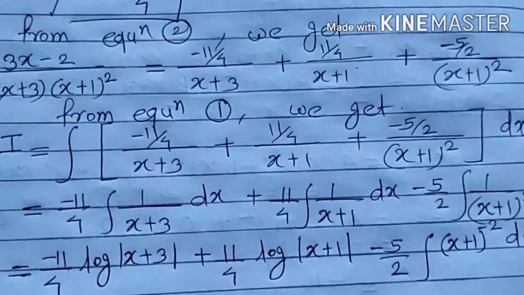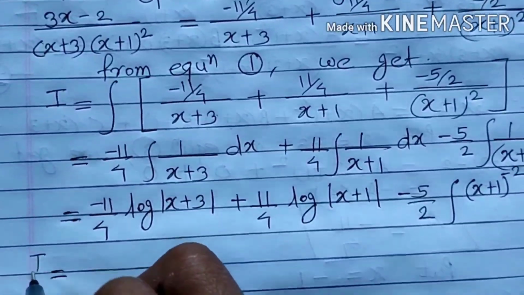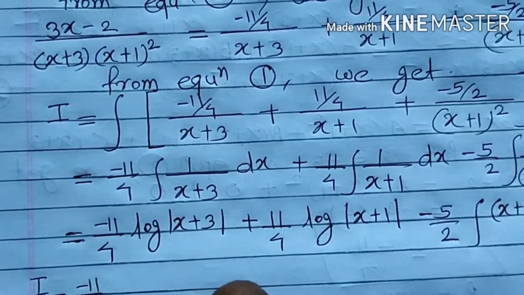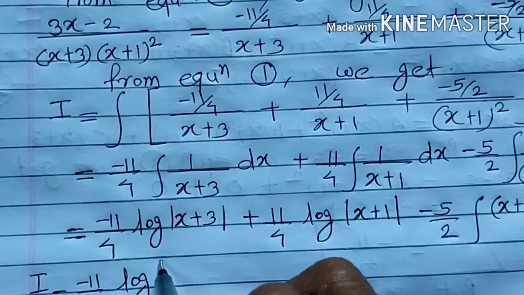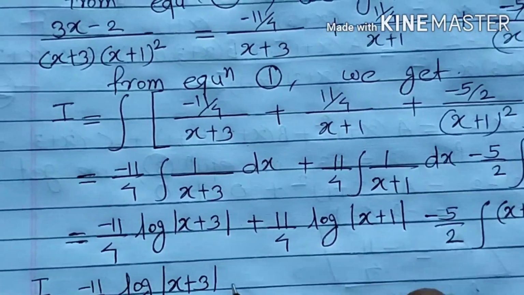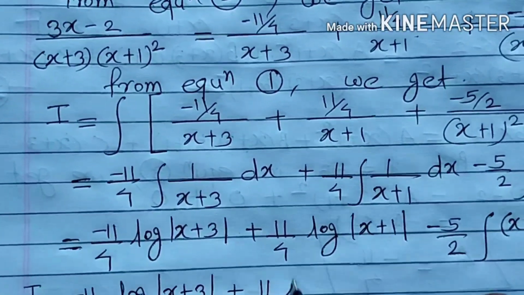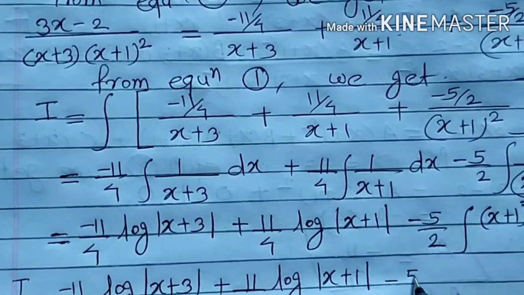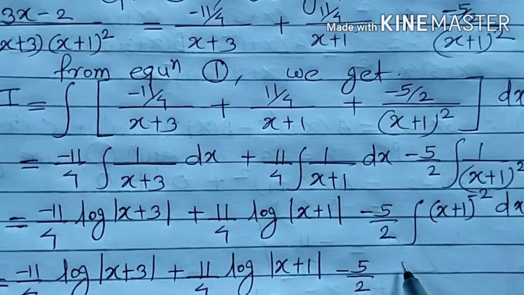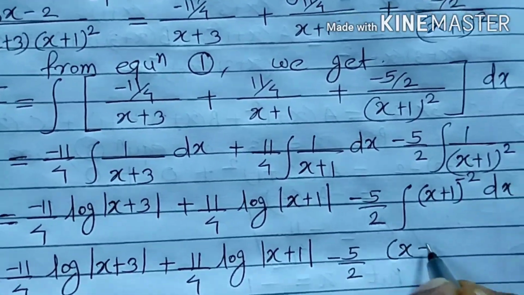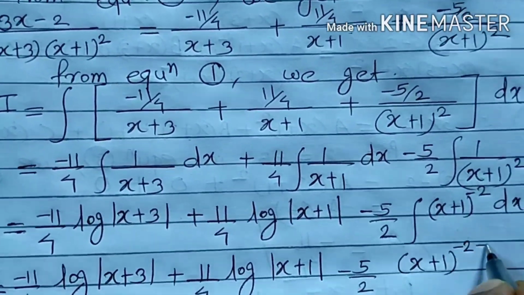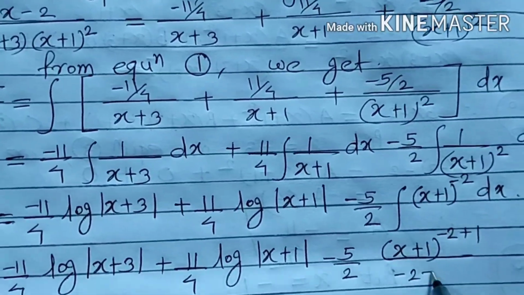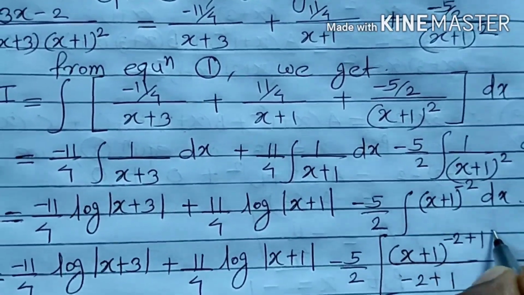So you can write here, I is equal to minus 11 by 4 log x plus 3 plus 11 by 4 log x plus 1 minus 5 by 2, and this integration is x plus 1 raised to minus 2 plus 1 upon minus 2 plus 1, plus c.